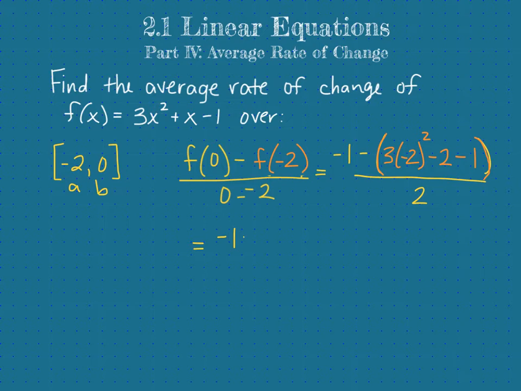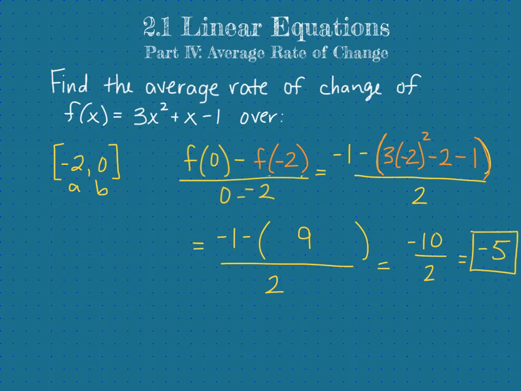Okay, upon simplifying inside the parentheses, this will give us 4 times 3, so that's 12, and then this is minus 3. So that'll give us a 9 on the inside. Didn't need that big of parentheses. And so we'll have -1 minus 9, so -10 over 2. So our average rate of change is -5.